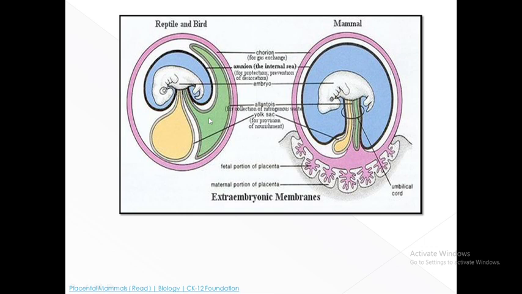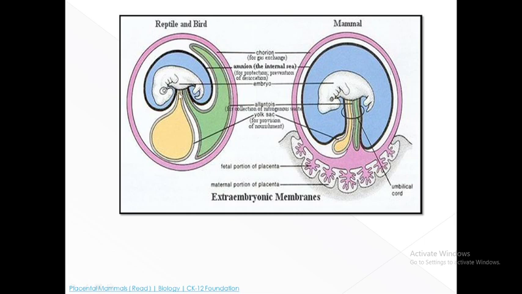One is called the amnion, which surrounds the embryo or the developing fetus, and it is also called the artificial swimming tank of the embryo, because the amnion contains amniotic fluid, due to which the embryo is bathed. So this amniotic fluid protects the embryo from desiccation.